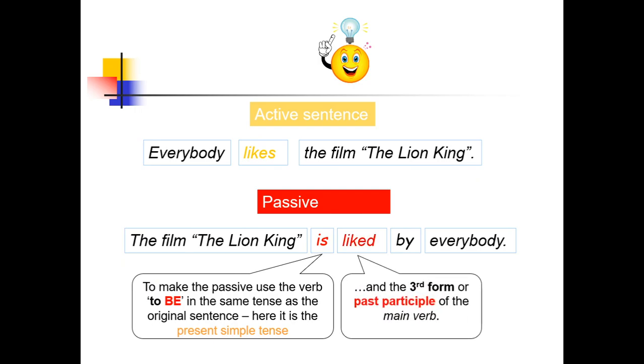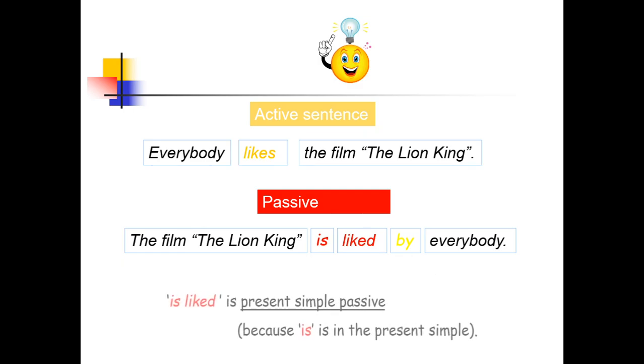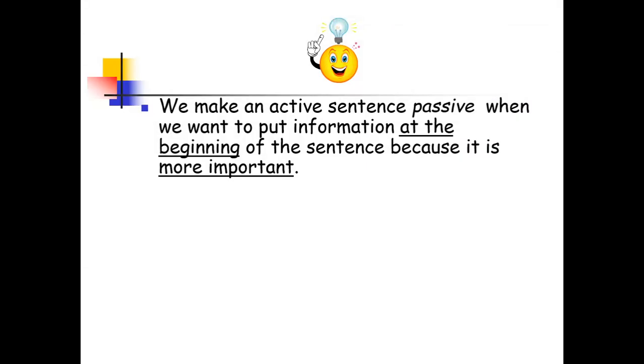And the third form, the past participle, of the main verb. If you need to mention who's doing the action, use by to introduce the doer of the action. Is liked is present simple passive because is is in the present simple.